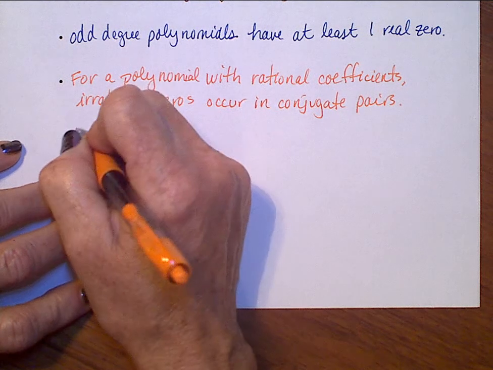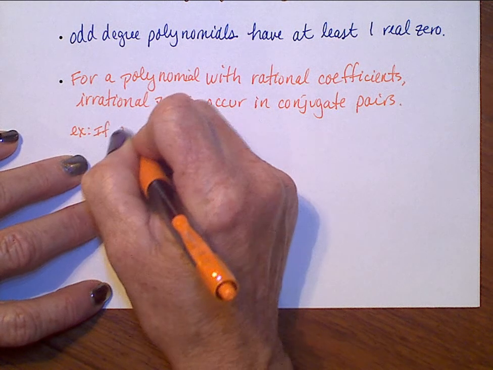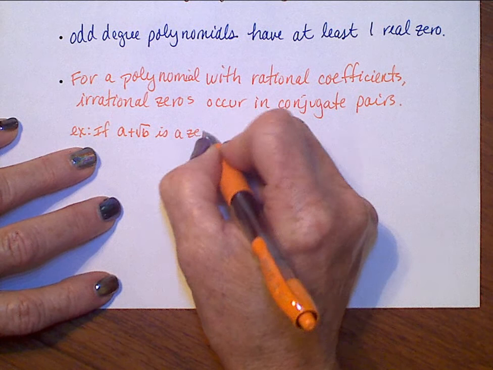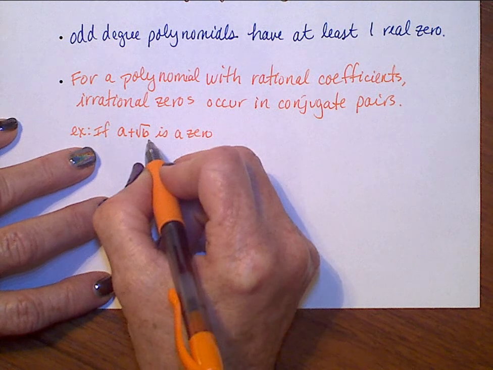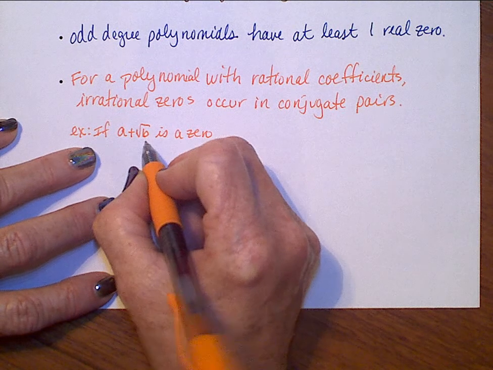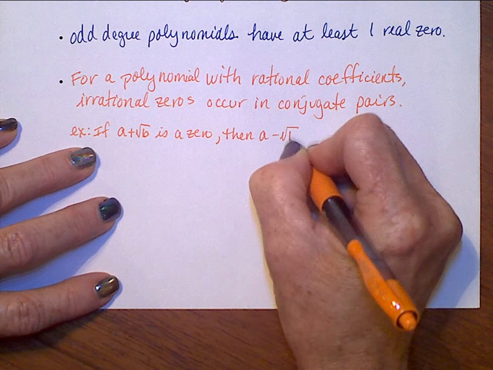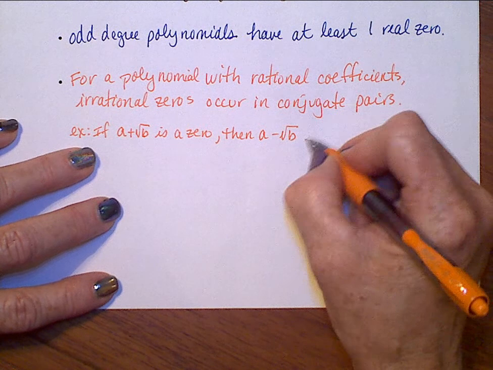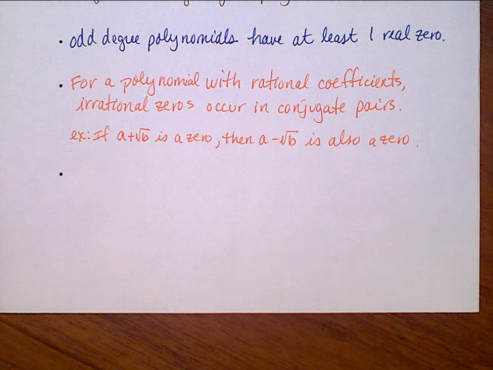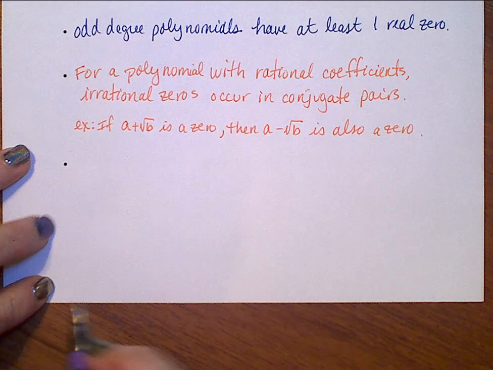For example, if a plus the square root of b is a 0, that's irrational. It's real, but irrational. So like 2 plus the square root of 3, 5 plus square root 7. If that's a 0, then a minus square root b, its conjugate, is also a 0. Okay, look at this next one.